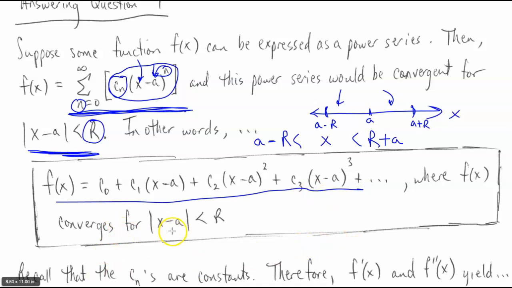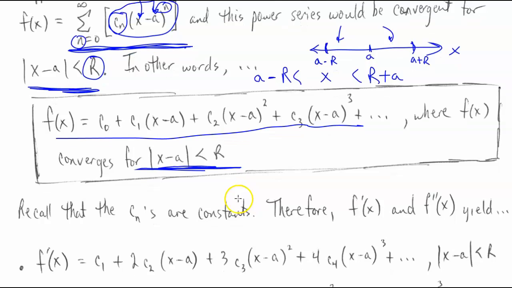Again, we understand what absolute value of x minus a is less than r means now. So as long as we pick x values in between a minus r and a plus r, we are guaranteed to have a corresponding series that will converge to some number.